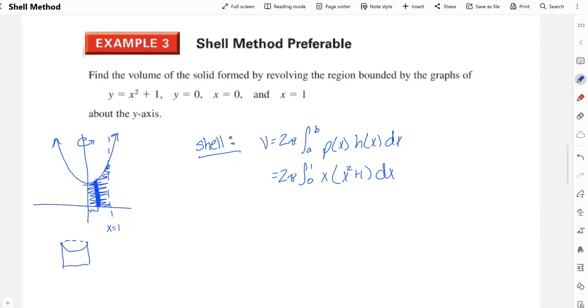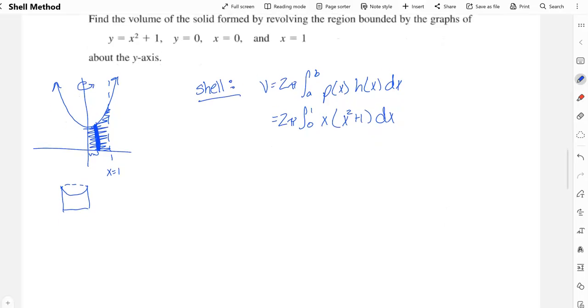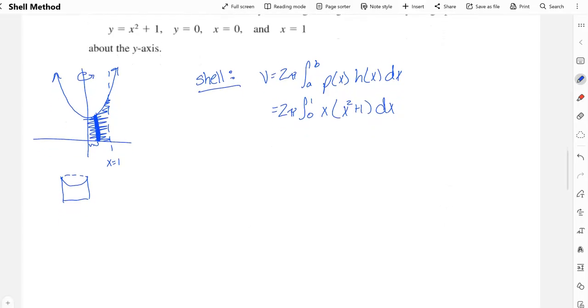Just for fun, let's set up disk so that we can compare. So if we were to set up disk method for that same figure, I'm going to redraw that figure over here. There's x equals 1. There's my region. I'm revolving this way.